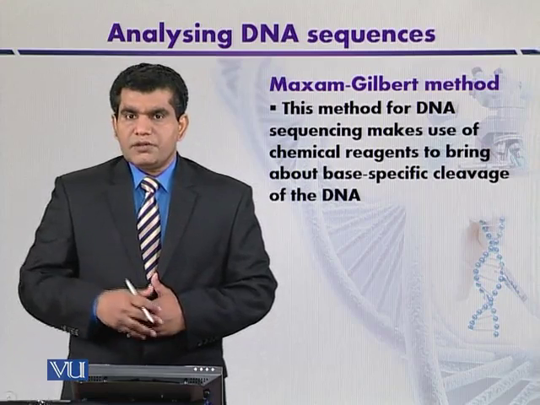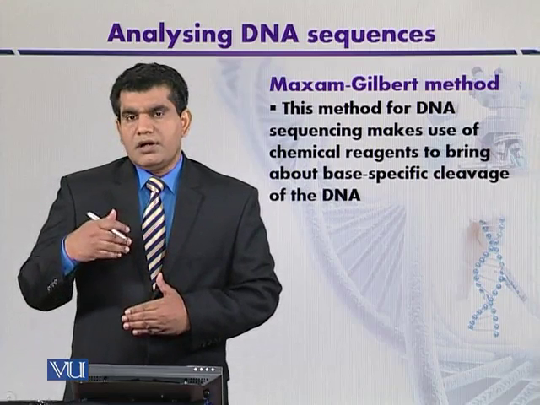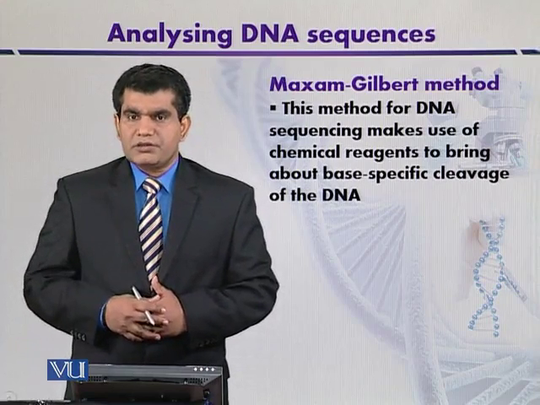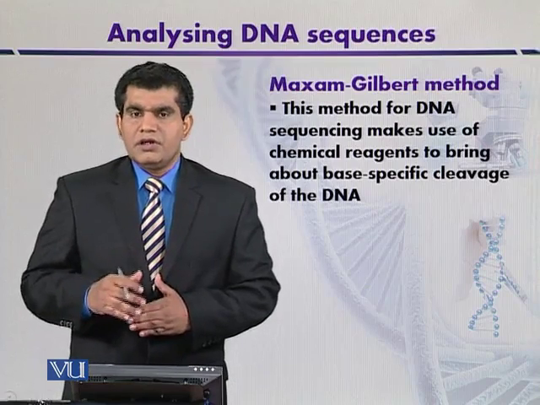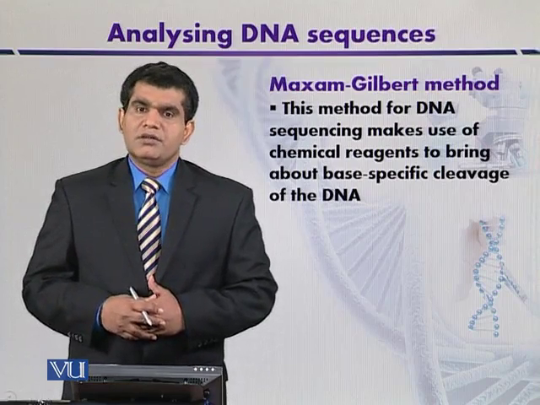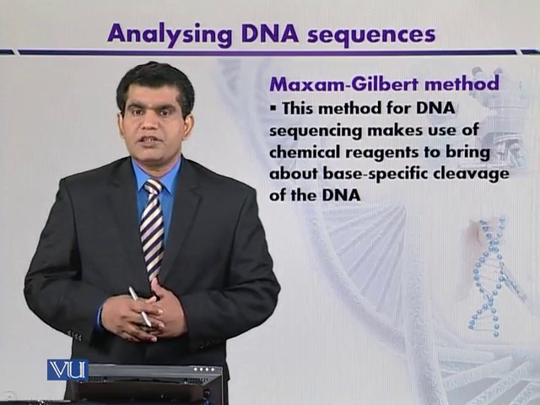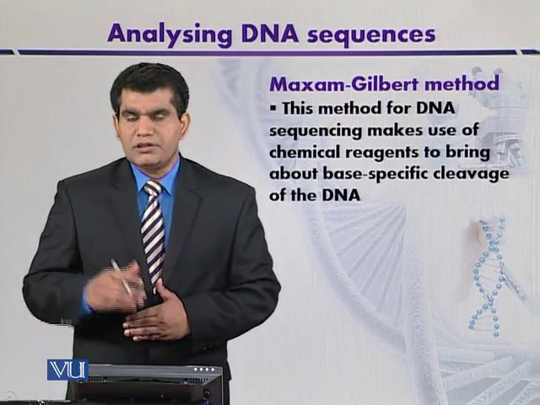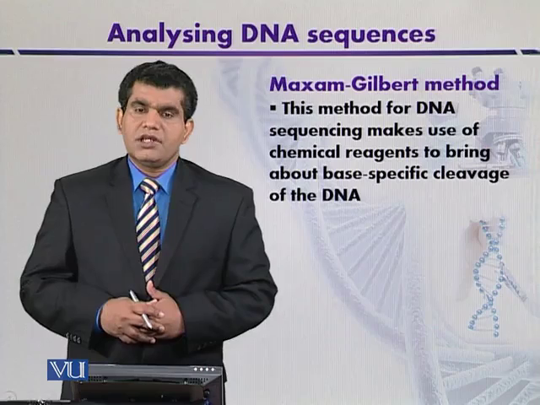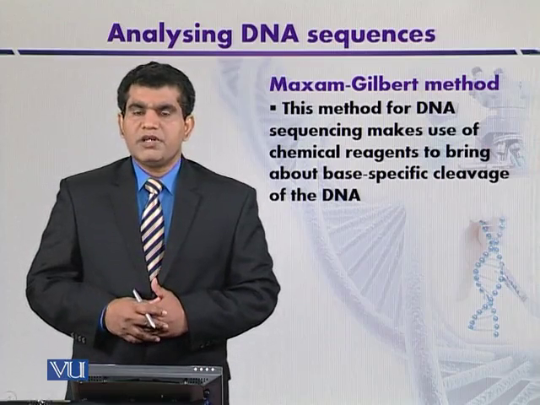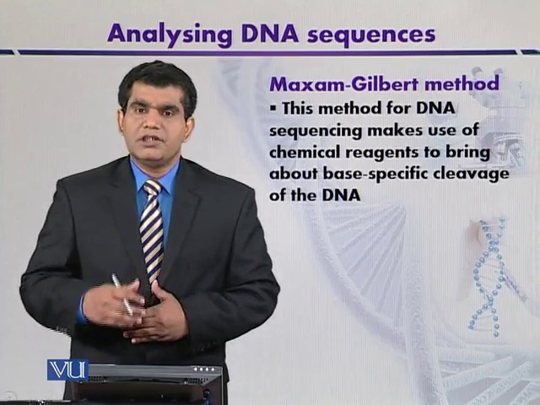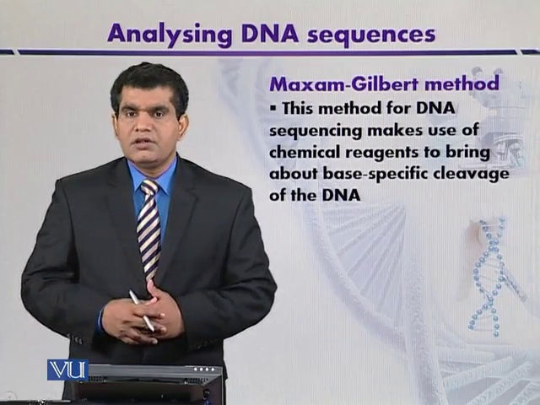So in this way, when we complete the reaction in different reaction mixtures, we get a mixture of fragments that may be variable in length, and these are then separated by polyacrylamide gel electrophoresis.